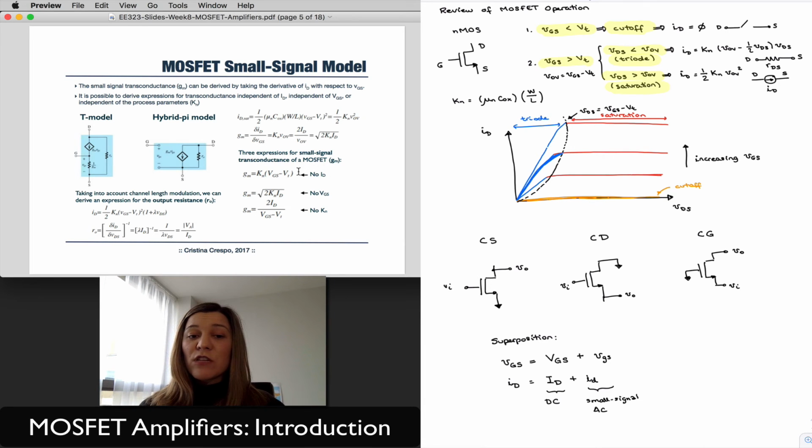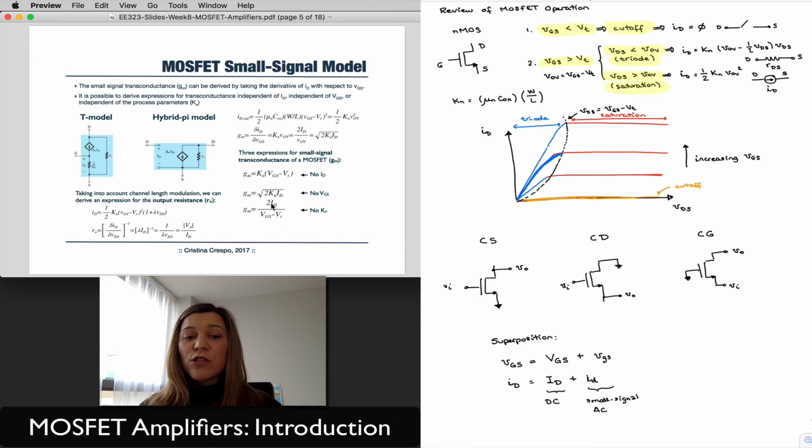We have an expression of transconductance which is independent of drain current. In the second case, gm equals the square root of 2 Kn times the drain current. We have an expression for the transconductance that is independent of VGS, or the input voltage. It only depends on the current and the process parameters, basically the MOSFET transconductance parameter. And in the third case, gm equals 2 ID over the overdrive voltage.